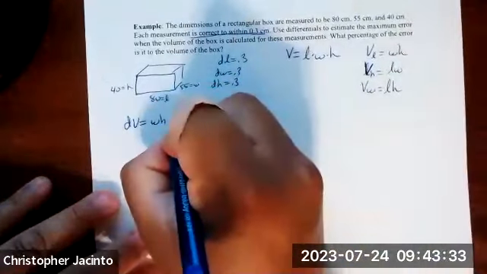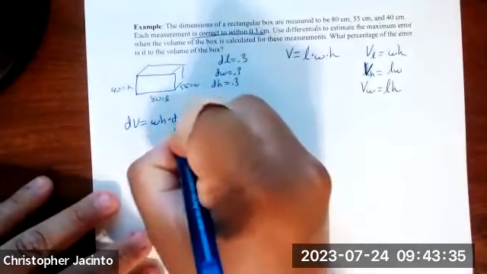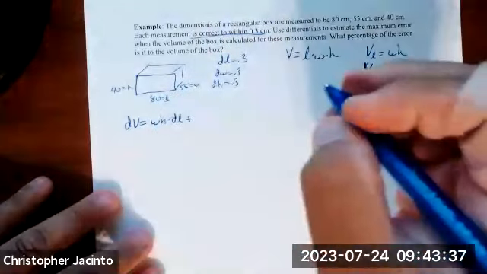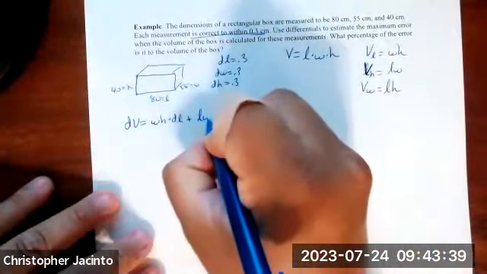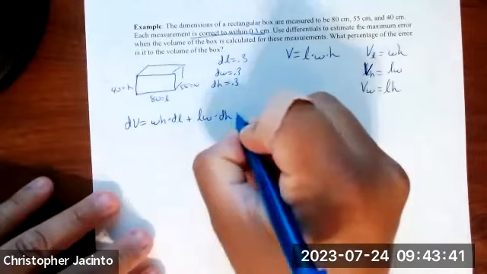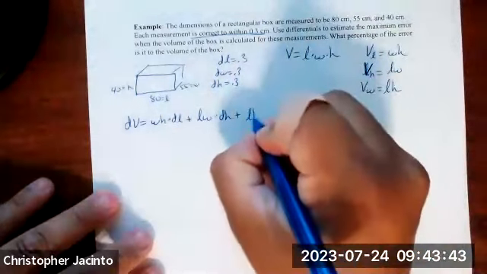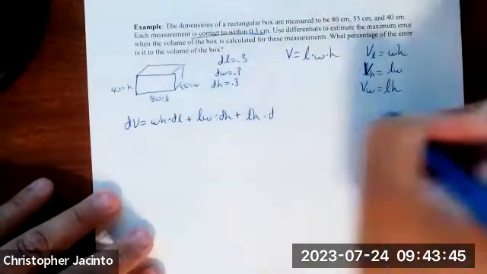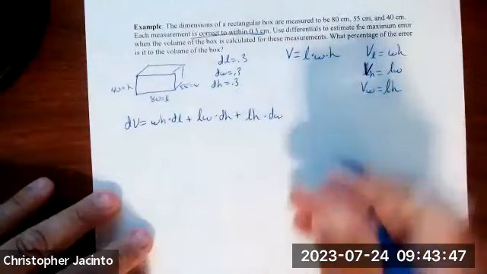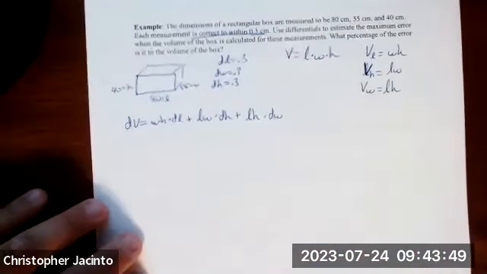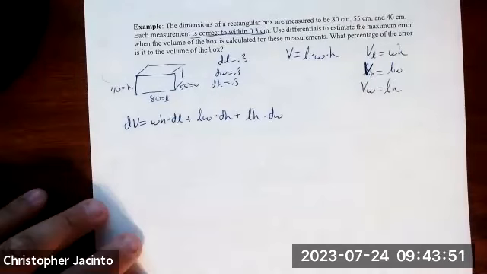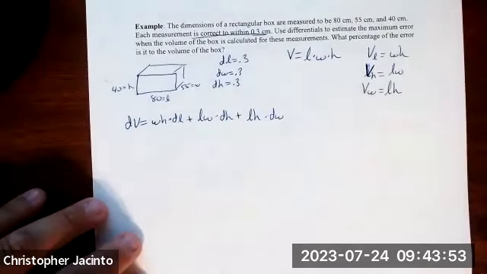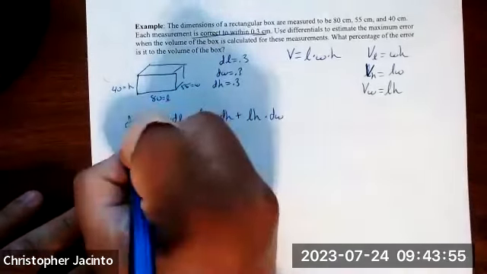So WH times DL plus LW times DH plus LH times DW. And now we plug in everything we know.